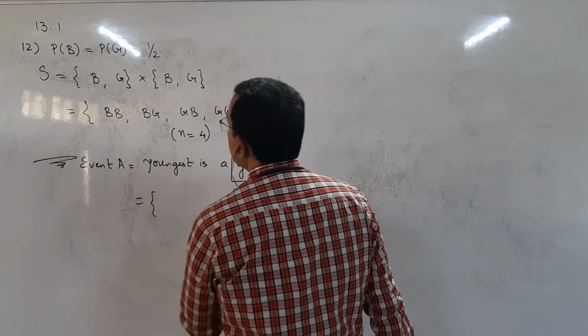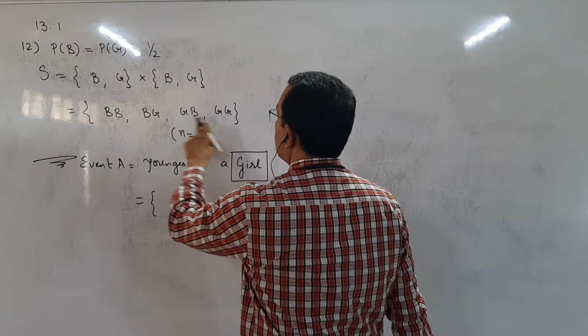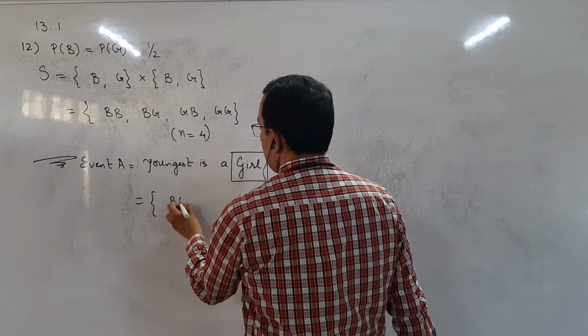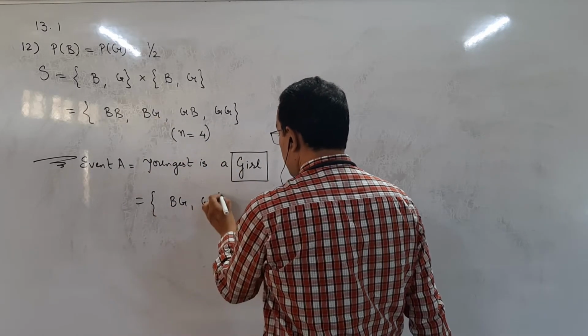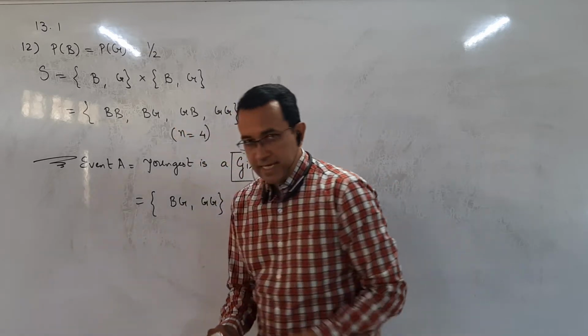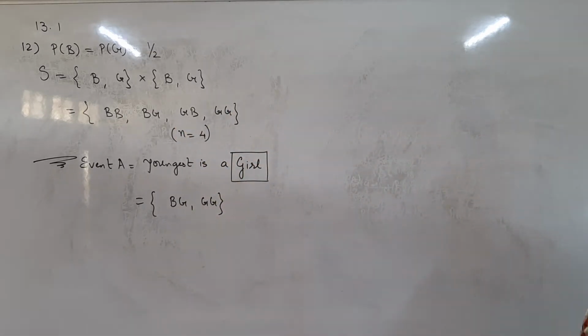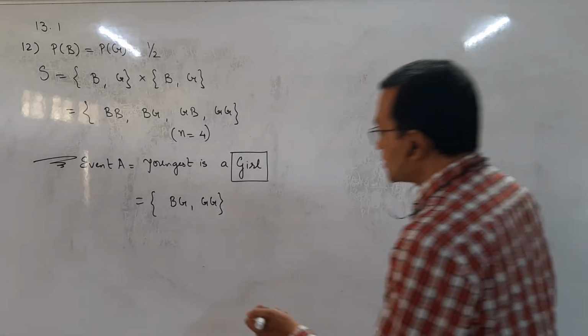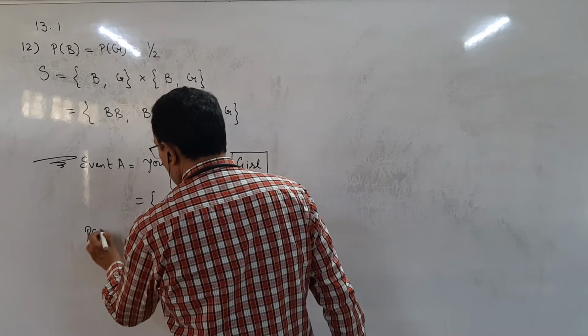So, youngest is a girl means BG and GG. Youngest is a girl, students, it means that the second child is a girl. Those outcomes are right, and this probability works out to be 2 by 4.